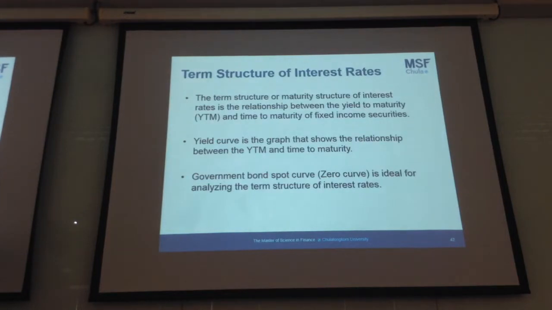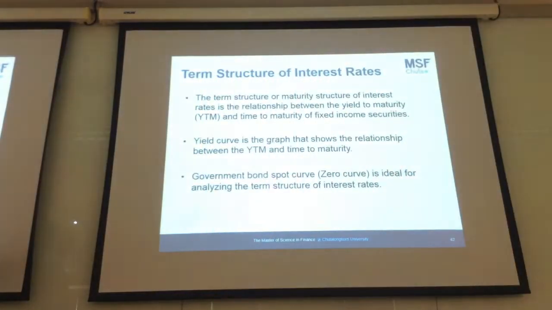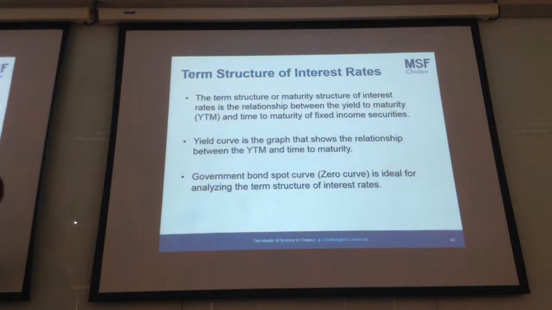Why do we have to use a zero coupon bond? This is because to avoid some other risks like the reinvestment risk. We'll talk about this later. So ideally, in order to estimate or construct the yield curve, we prefer to use the zero coupon government bond.